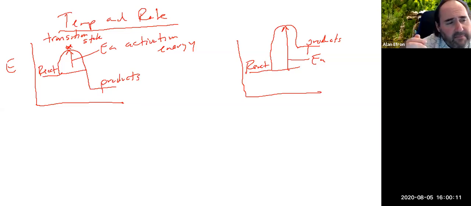So there's less molecules that would have a sufficient amount of energy to get to the other side. The result of both of that is when we increase the temperature, everybody has more energy, a greater amount of guys can get to the other side. The reaction tends to proceed faster. And vice versa, if we lower the temperature, then fewer guys have enough energy to get to the other side, and the reaction rate would typically come down.